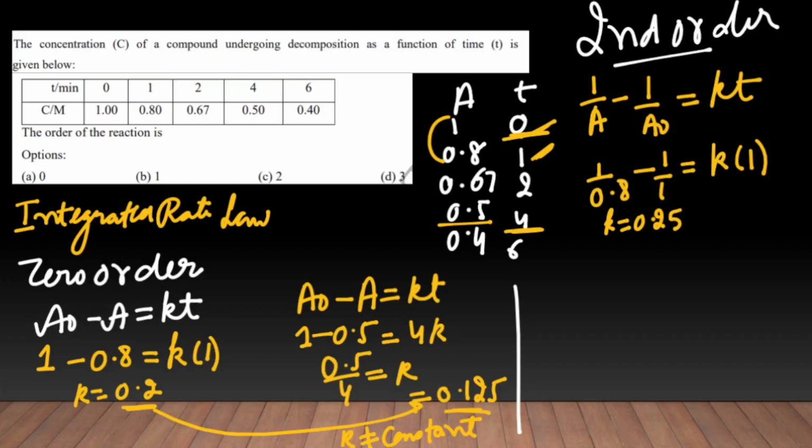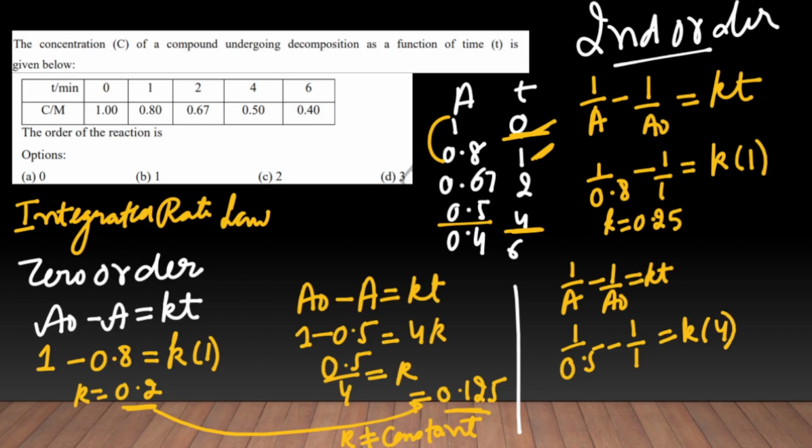Now for the second data, if I check again, 1 by A minus 1 by A naught equals kt. Now the remaining concentration is 0.5, so 1 by 0.5 minus 1 by 1 is equal to k, and the time span is 4 minutes. So this again becomes 1 by 4 as the rate constant, that is equal to 0.25.